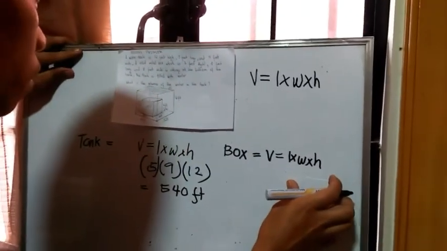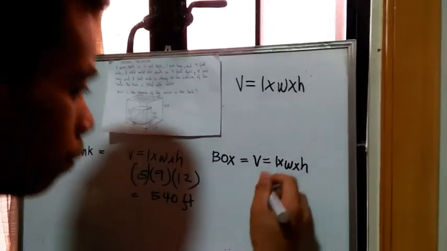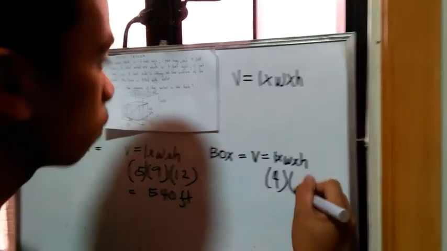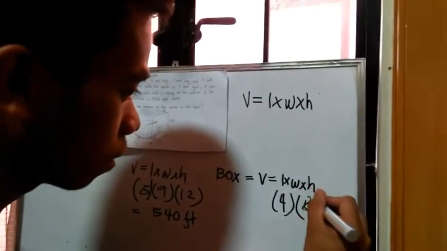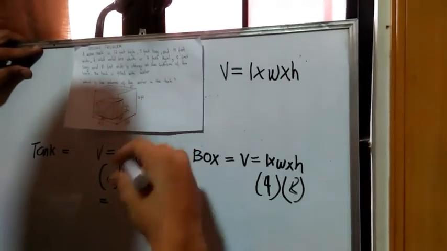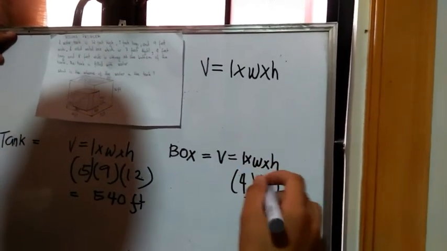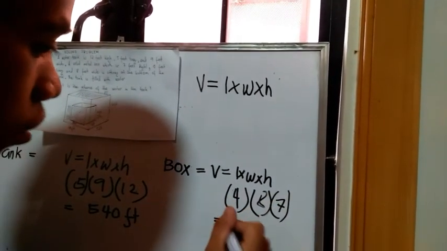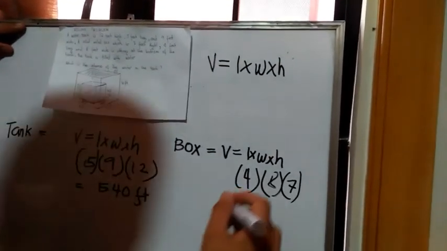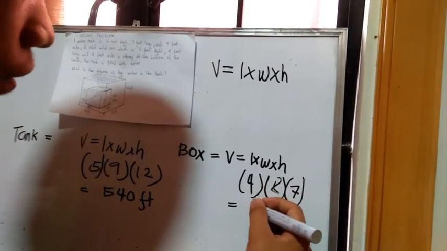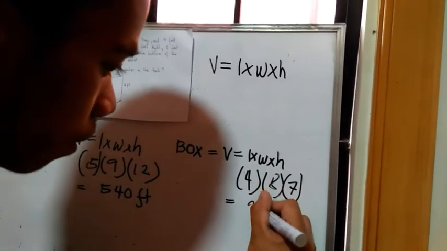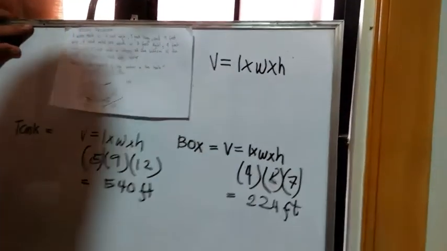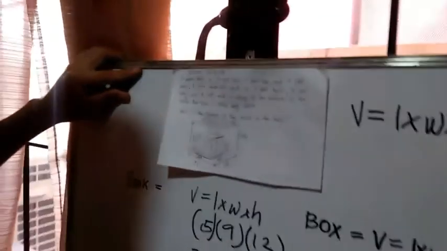Since our length is 4 feet times 8 feet, and our height is 7, just multiply each. 4 times 8 is 32 times 7 is 224 cubic feet.